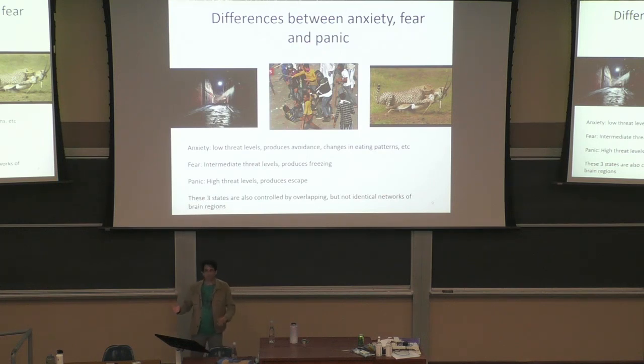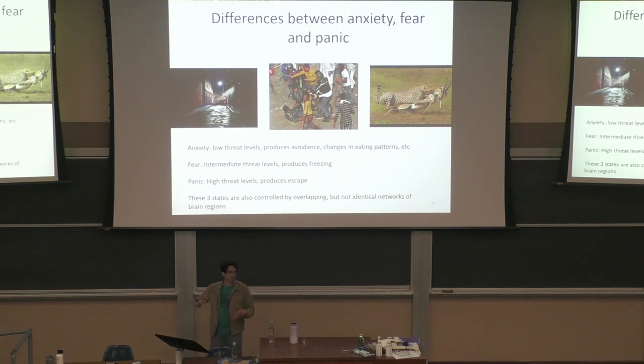Okay, so anxiety is typically used for describing the reactions to very low levels of threat. And that would be something like the first picture where nothing is really happening, but it's a dark alley and it's at night and there's no one around. It looks suspicious, but nothing is happening. But there's some kind of potential threat that might appear.